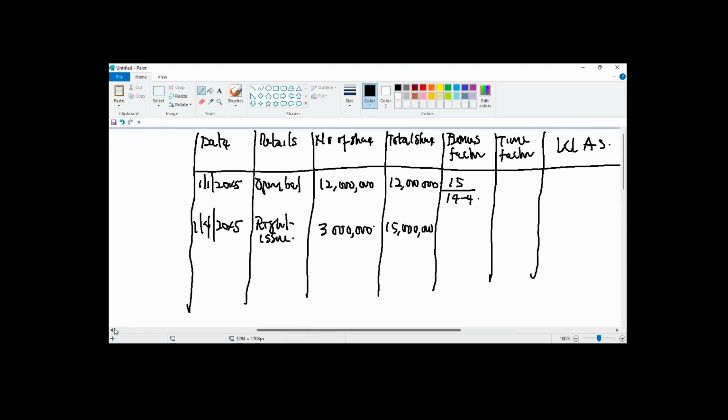From 1st of January to 1st of April, that will give us 3 months, 3 over 12. Then from 1st of April to the year end in December, that will give us 9 months. I will now multiply from total shares of 12 million times 15 divided by 14.4 times 3 divided by 12.